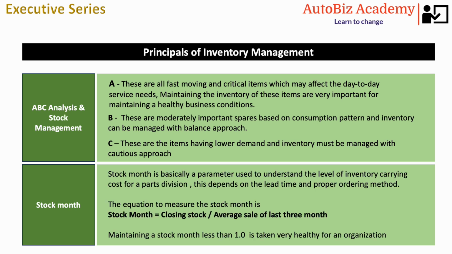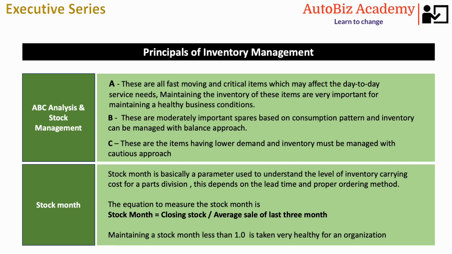Stock month is basically a parameter used to understand the level of inventory carrying cost for a part division. This depends on the lead time and proper ordering method. The equation to measure the stock month is closing stock divided by average sale of the last 3 months. So maintaining a stock month of less than 1 is taken as very healthy for an organization.